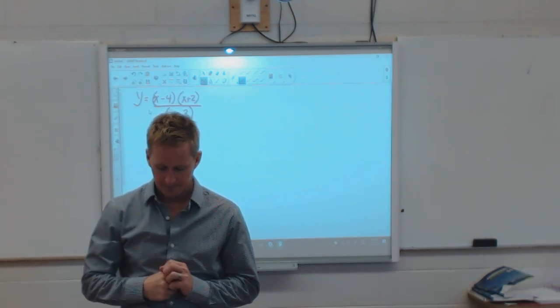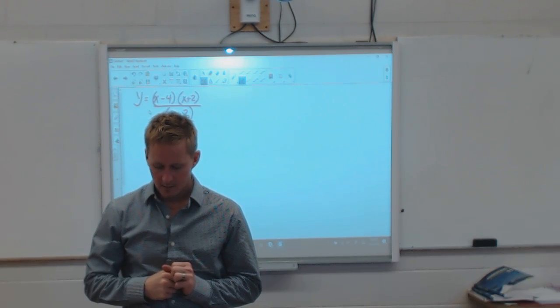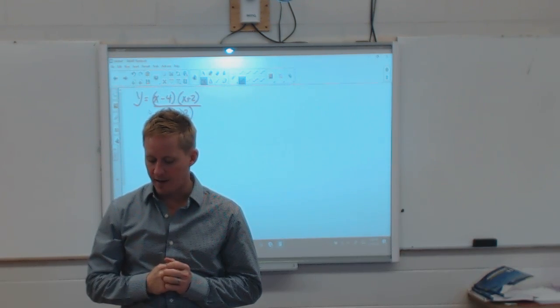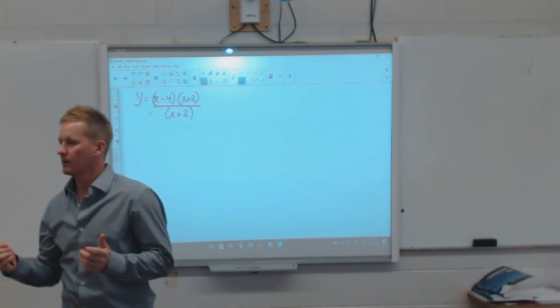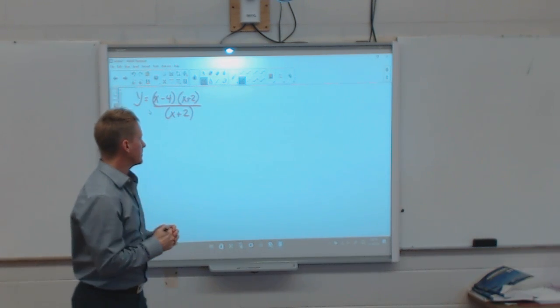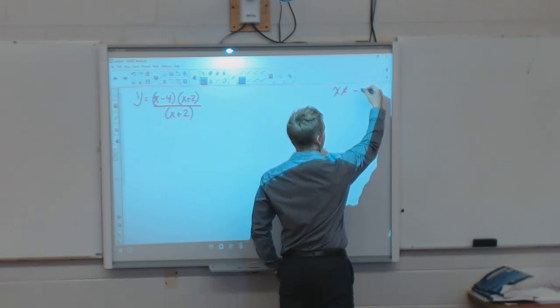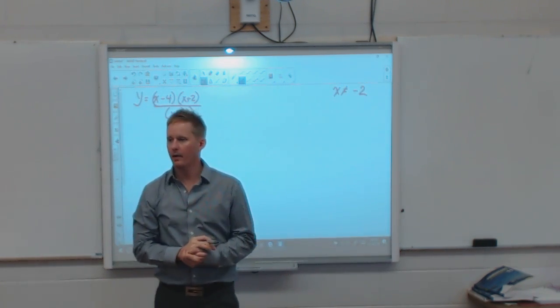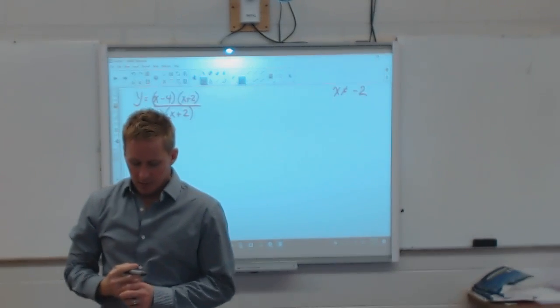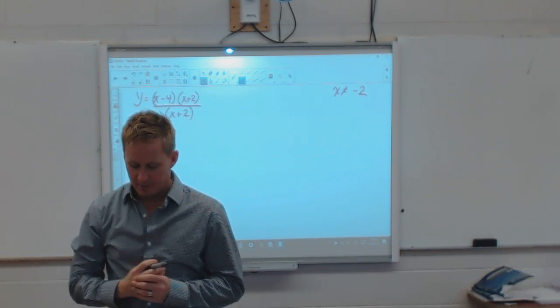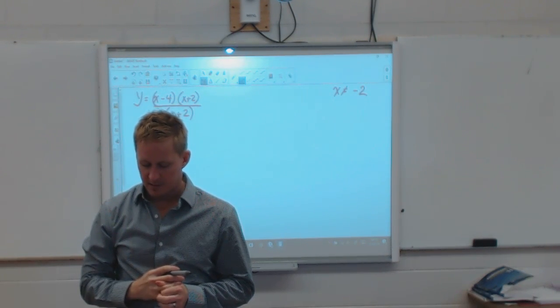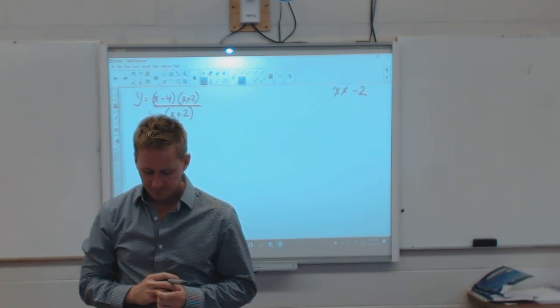So the first thing we do is let's find out what our non-permissible is. And what's our non-permissible in this one? X cannot equal minus 2. So once I've established that, the x-coordinate of the point of discontinuity is minus 2.